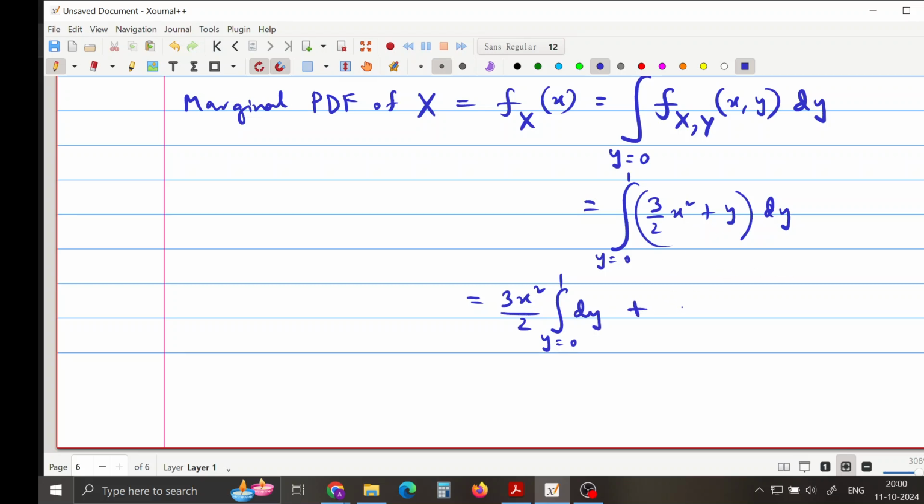So I'll have this, which is 3x squared by 2, and this part becomes 1, plus I'll have this, which is this.